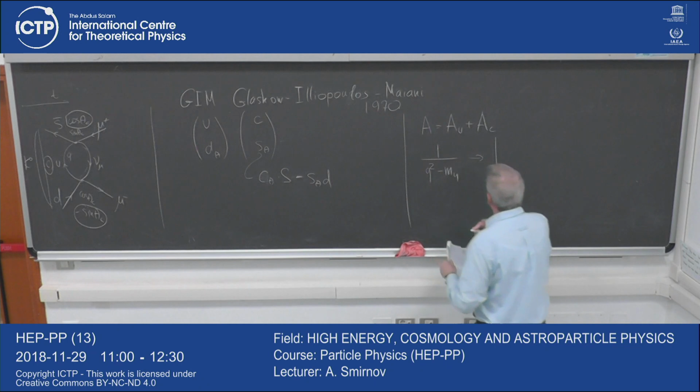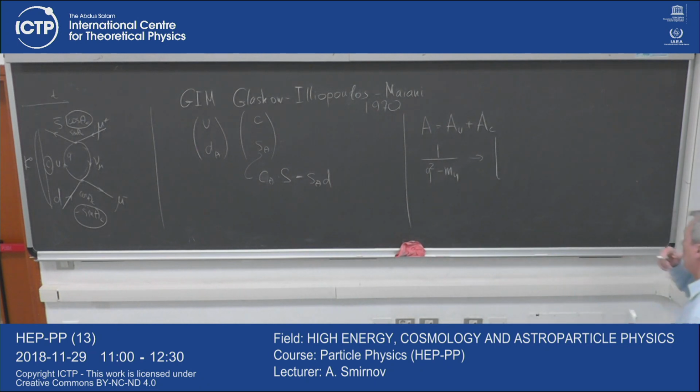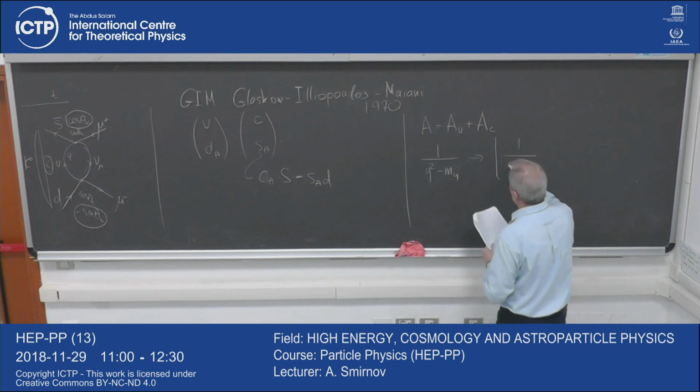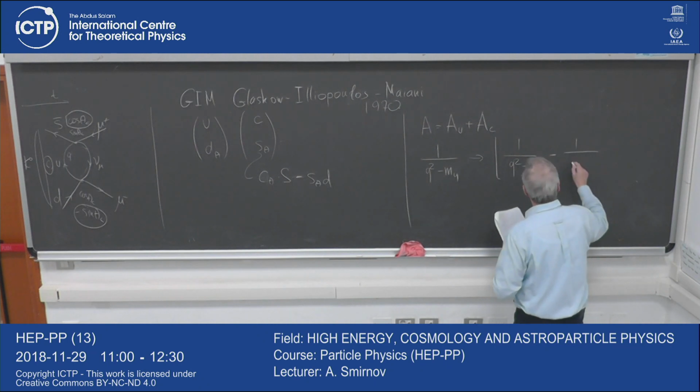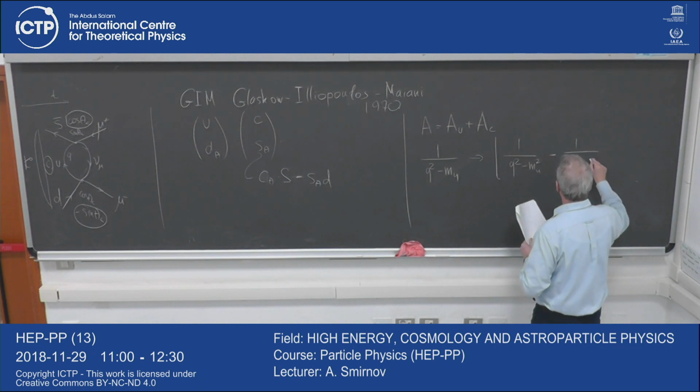After the introduction of charm, the integral with the charm quark would have 1 over q squared minus mu squared, minus 1 over q squared minus m charm squared.